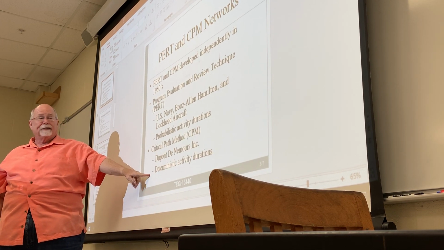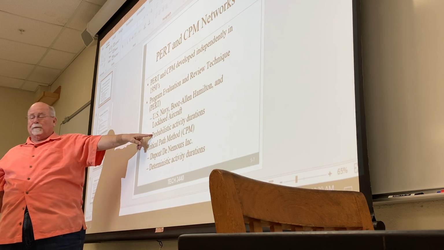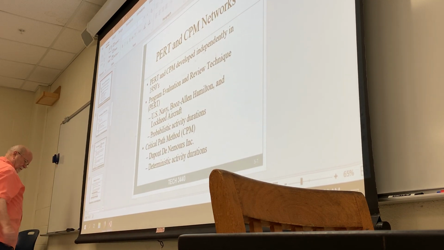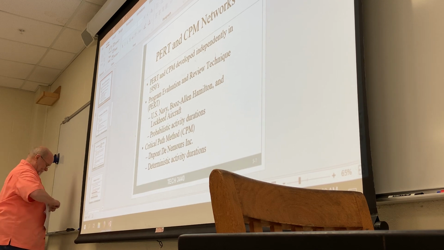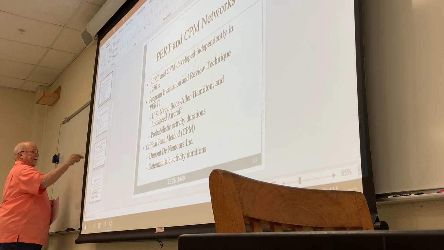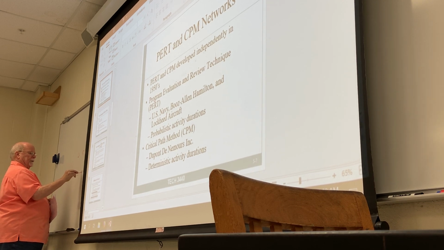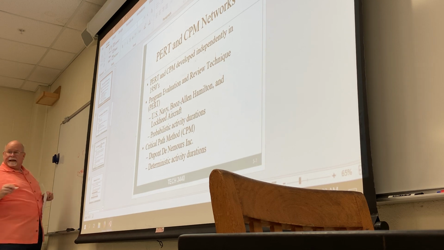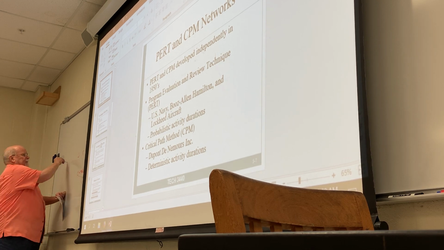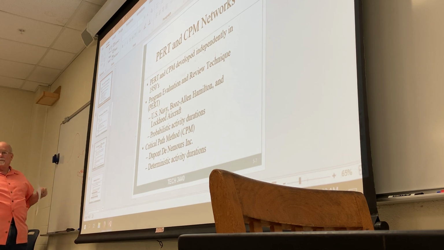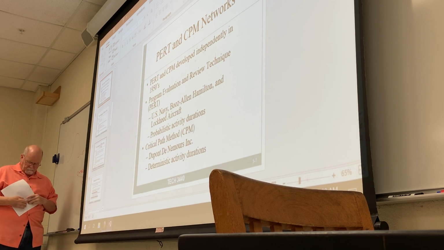PERT is probabilistic, with optimistic, realistic, and pessimistic estimates, and we do O plus 4 times R plus P, divided by 6. They call it probabilistic because it ends up looking like a distribution chart. It really isn't. It's just a weighted average. Okay?